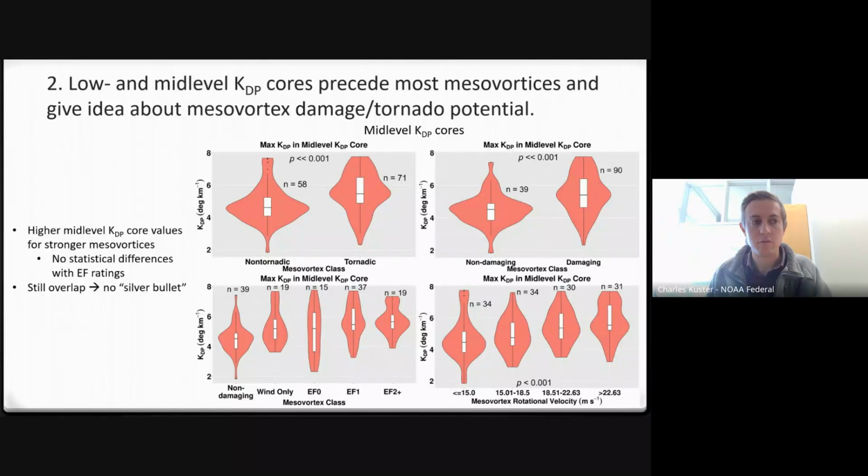So for the most part, especially low-level KDP cores, I think that's just another confidence builder alongside that, but the mid-level KDP cores could come first. But I think all of it is trying to build to the same point. But mid-level KDP cores, I think, are better suited to come before that signature.